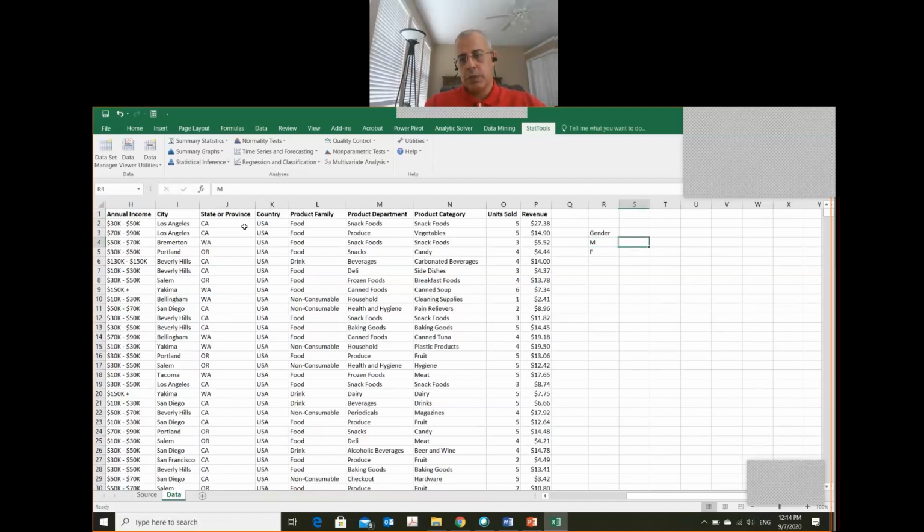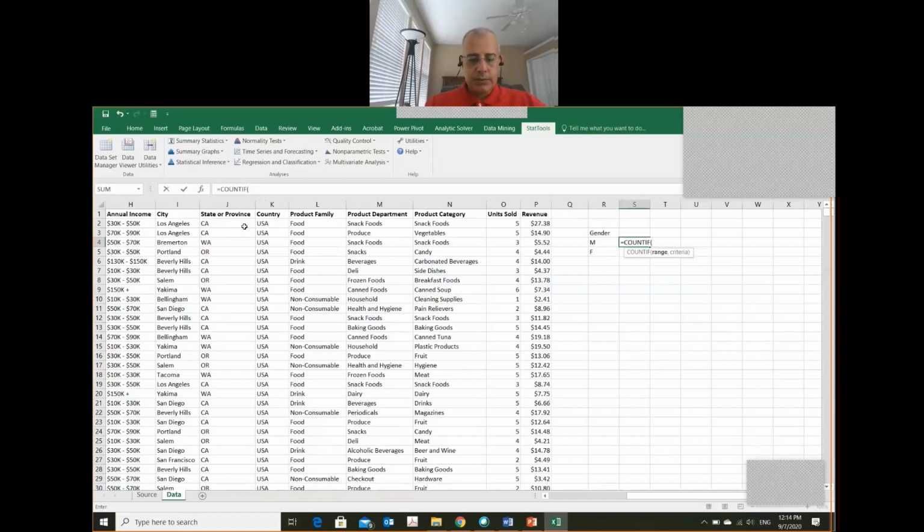So now suppose we want to count the number of male in column D. We can use this function, equals COUNTIF. This function takes two arguments. First argument is the range of data, and the second argument is the criterion.